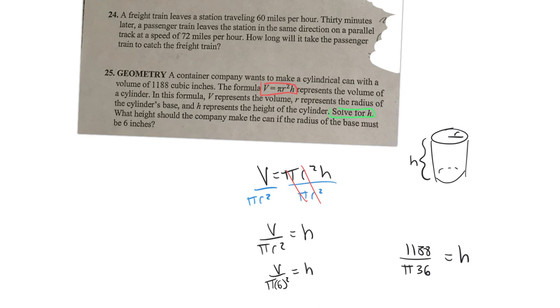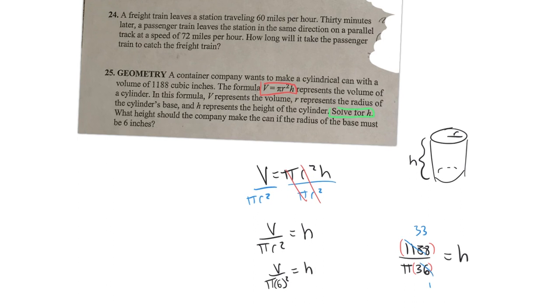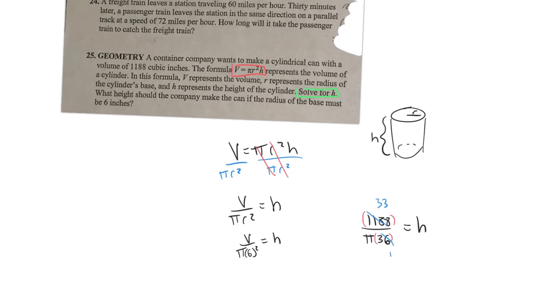Let's see. It actually is. These numbers can reduce because 1188 divided by 36 is actually 33. So you could think about this turning into a 33 and this turning into a 1. And if we do it that way, then the final answer could be H equals 33 over pi.